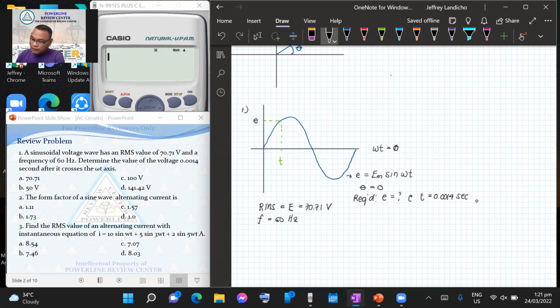So alam naman natin kung walang binigay na frequency, automatic, we have to consider the standard frequency here sa atin, which is 60. So ang tanong, how to get the maximum value if given is the RMS value?